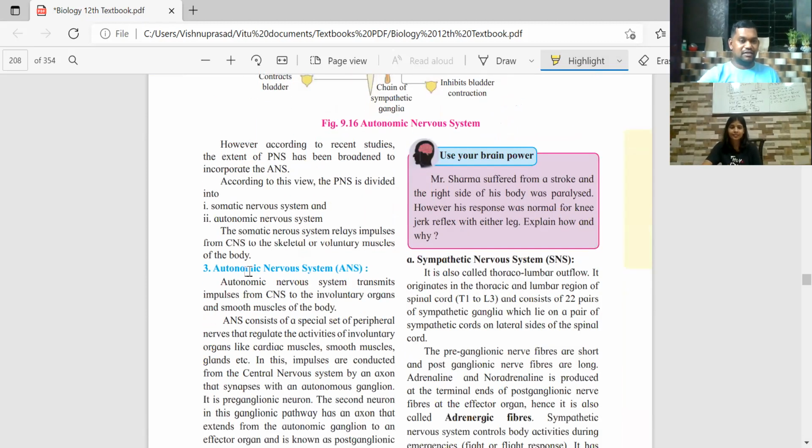As far as the classification of the entire nervous system is concerned, peripheral nervous system and autonomic nervous system are not much different. बाद में इसको rework किया गया. Now you have seen that the PNS originates from the CNS itself.